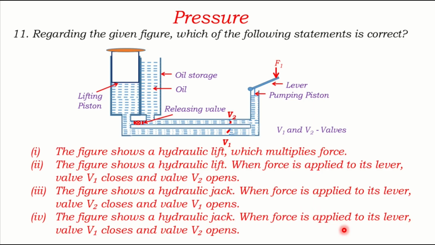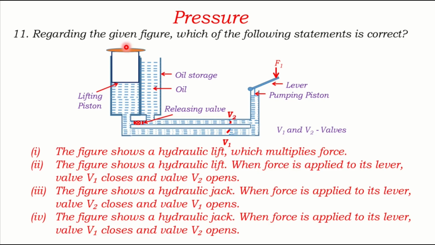The figure shows a hydraulic jack. When force is applied to its lever, valve B1 closes and B2 opens. B1 closes. This is incorrect. B2 opens. This is incorrect, because if B2 opens, then pressure will transmit to this oil storage. It won't transmit to lifting piston.